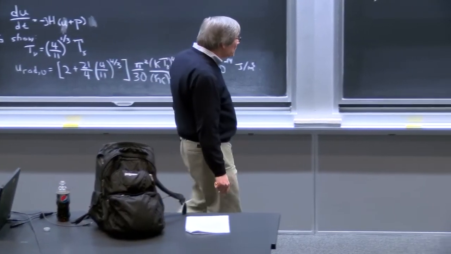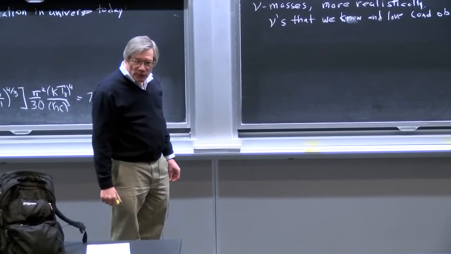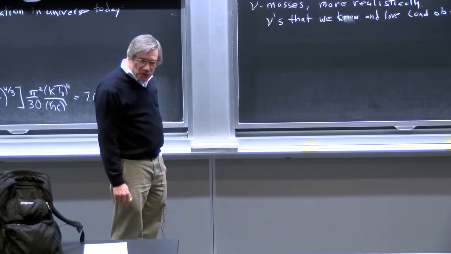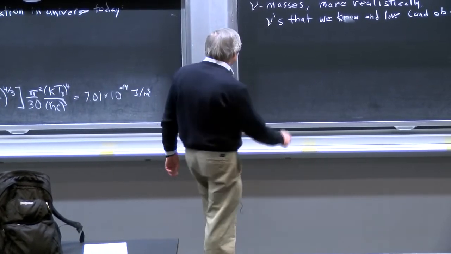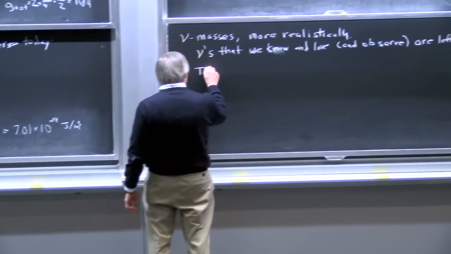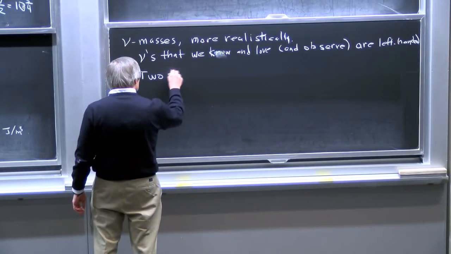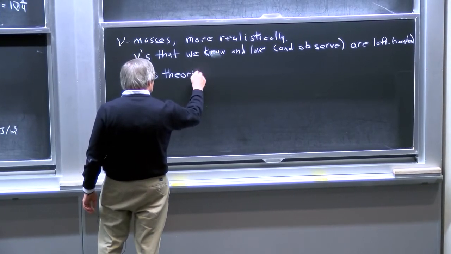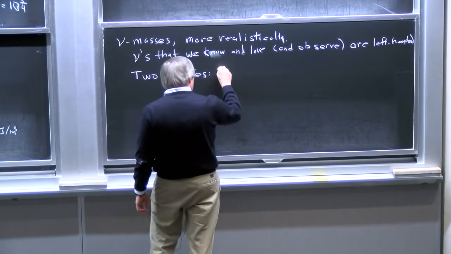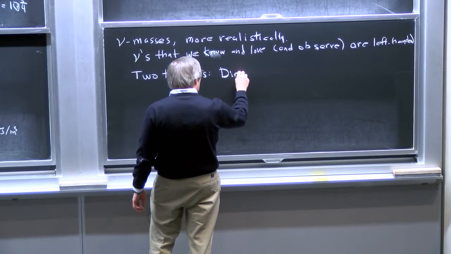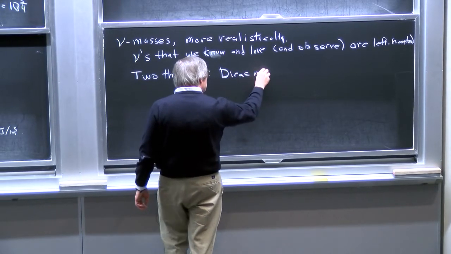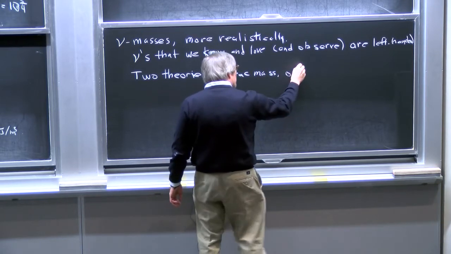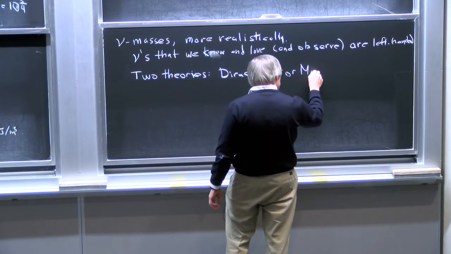Okay, it turns out that there are 2 theories of how the neutrino mass works, and we don't know yet which of these theories is correct. And they are called the possibility of a Dirac mass or the possibility of a Majorana mass.